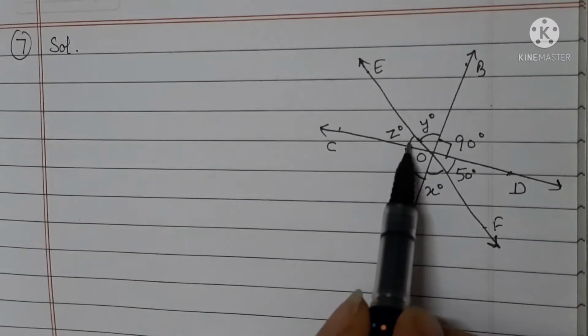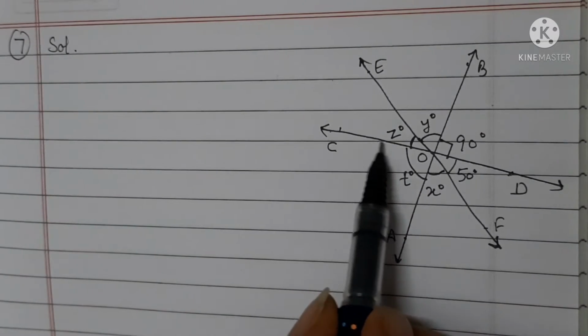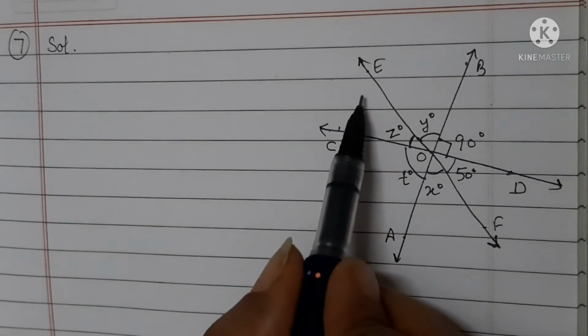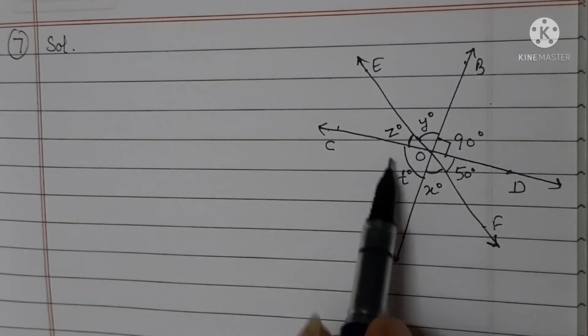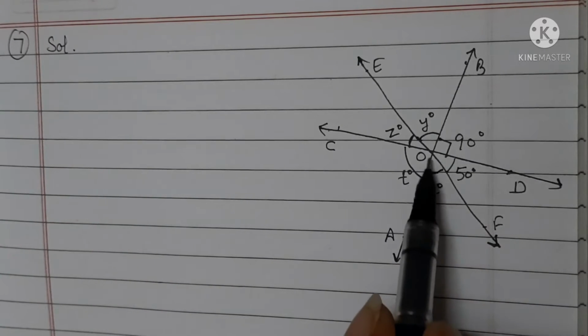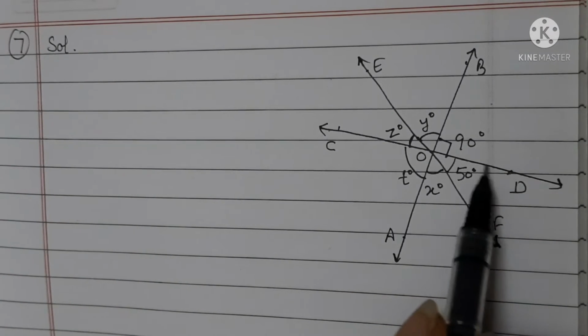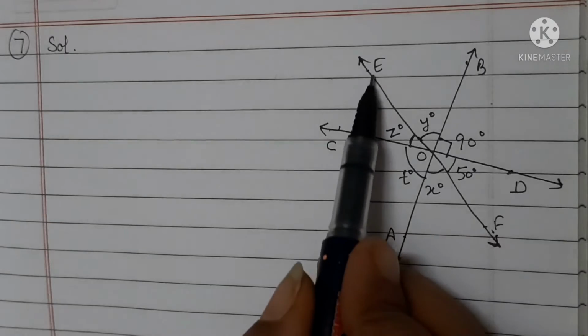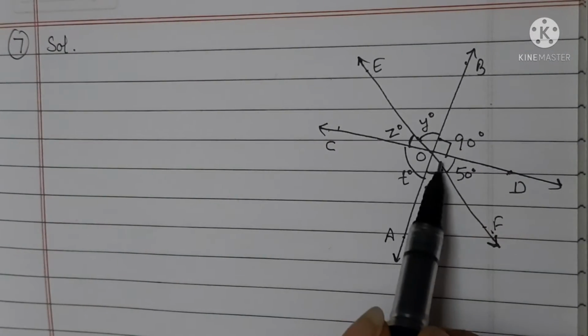Here this angle is Z. CD is one line and it intersects the other line EF. These are two lines intersecting each other at a point O, and angles DOF and EOC are vertically opposite angles.